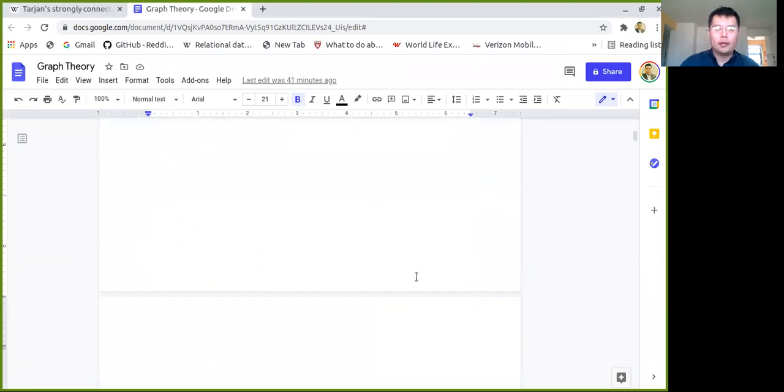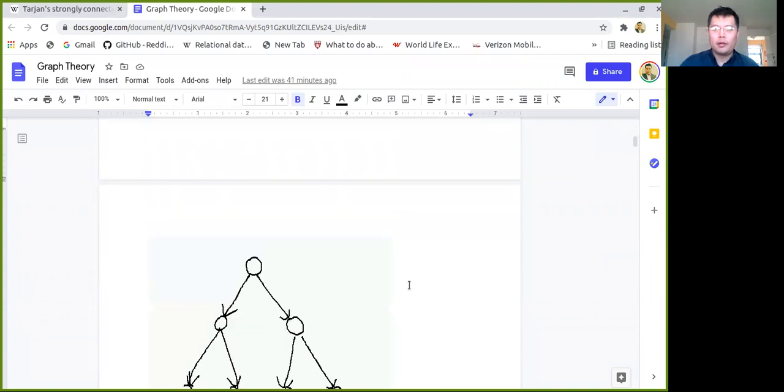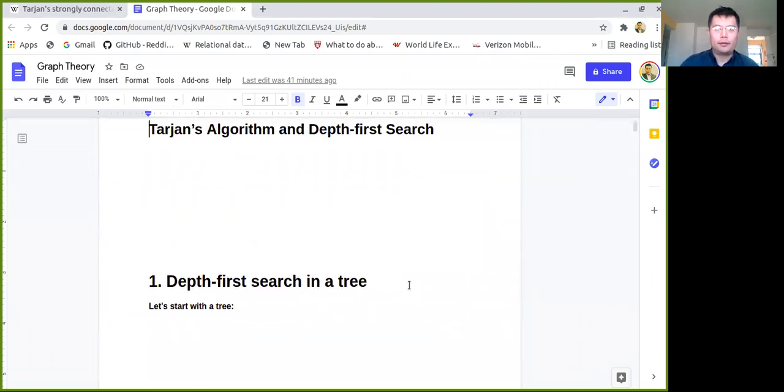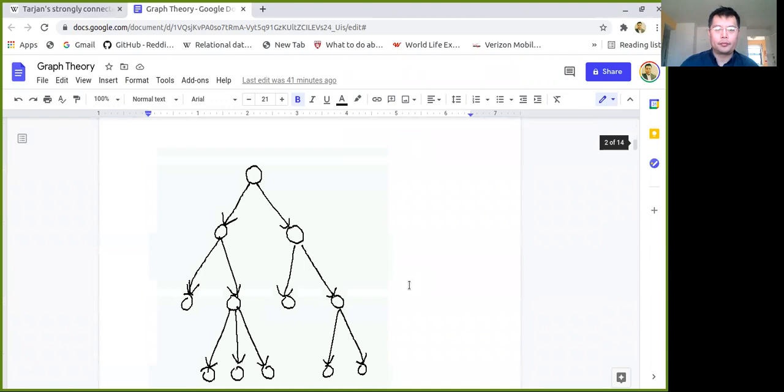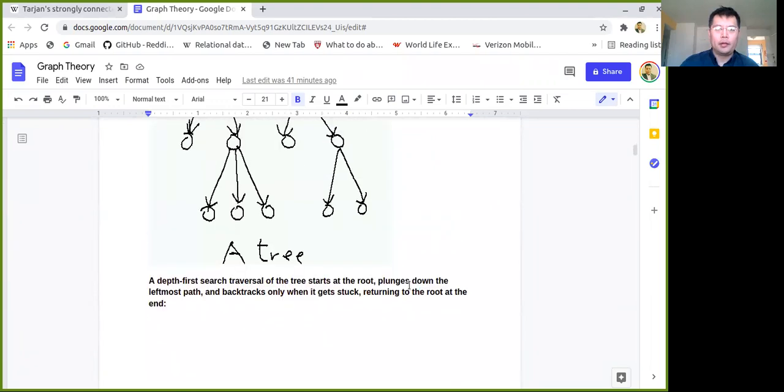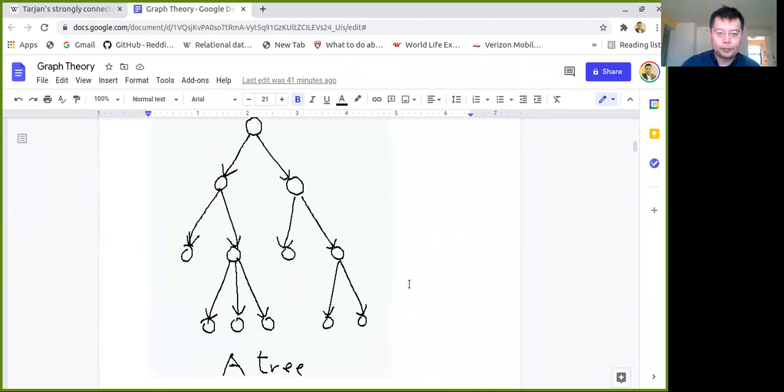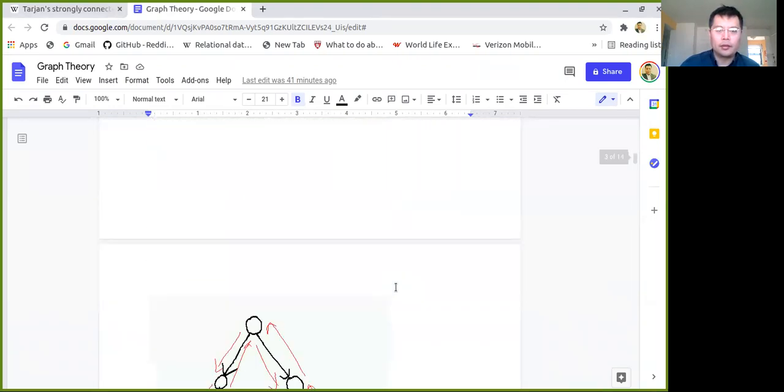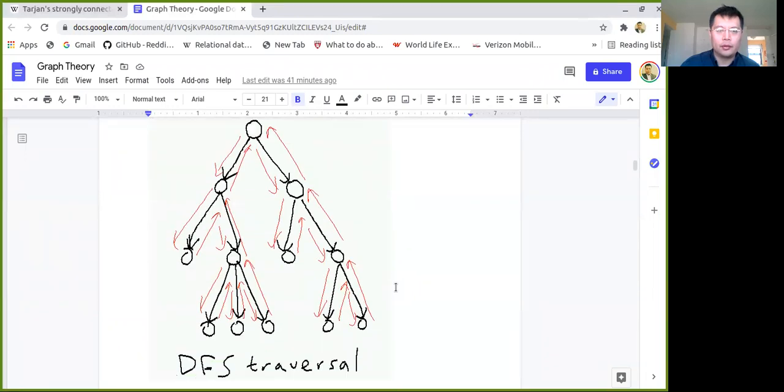So let's see this graph. This is a tree. We can see lots of directed edges in this tree. And how do we traverse this tree? Using this method. This is the so-called depth first search.